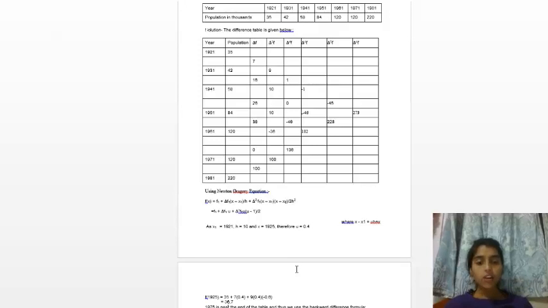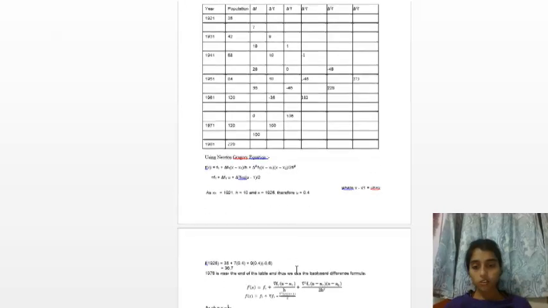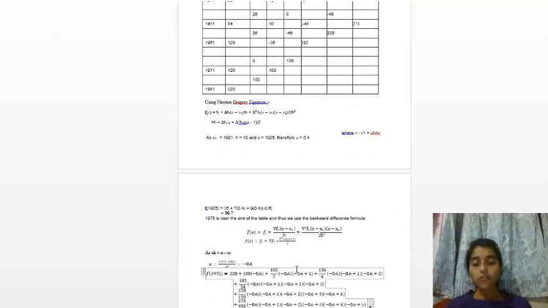Now the value of u is 0.4, since x minus x1 is equal to uh. So f of 1925 is equal to 35 plus 7 into 0.4 plus 9 into 0.4 into 0.6. So the population in year 1925 is 36.7.